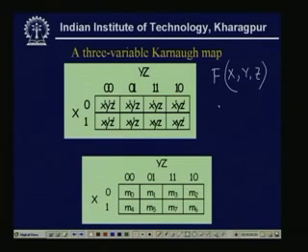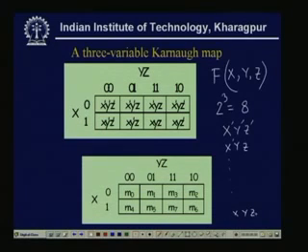The minterms will be 2 to the power 3 equal to 8 minterms. Already we have discussed, this will be x dash y dash z dash, then x dash y dash z, like all 8 terms will be there, up to x y z. So, first, the Karnaugh map should contain 8 rooms or 8 elements.